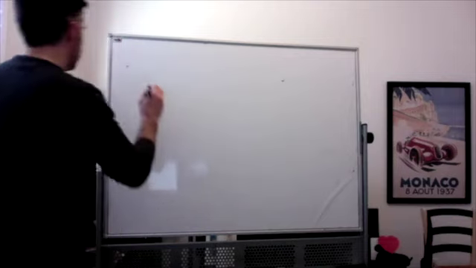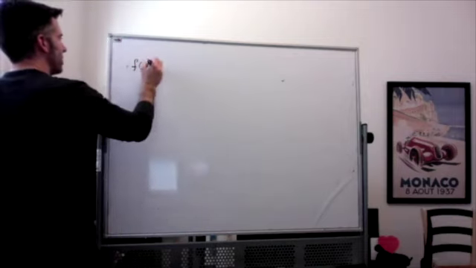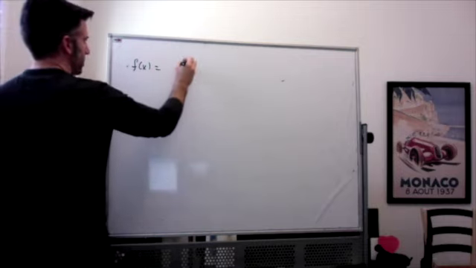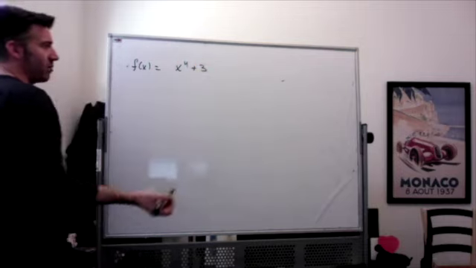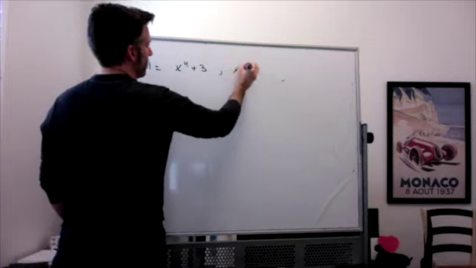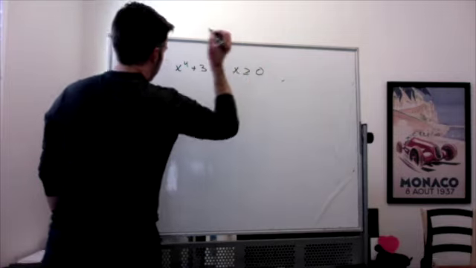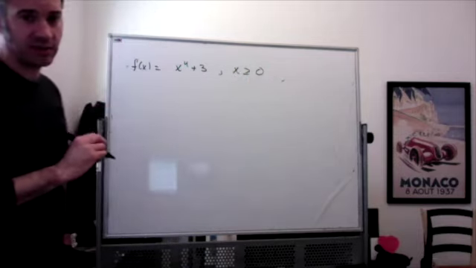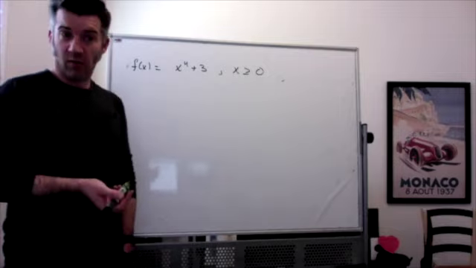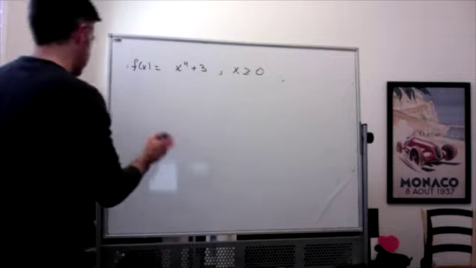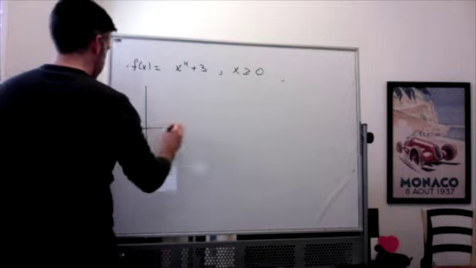All right, last one. Let's say our function f of x is x to the fourth plus 3, and we're given that x is greater than or equal to 0. The reason we're given that is because if it's not, then we don't have a one-to-one function. Right? x to the fourth plus 3 looks kind of like this.